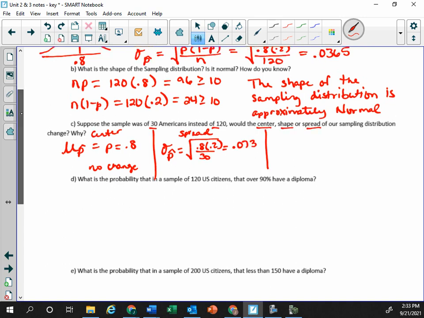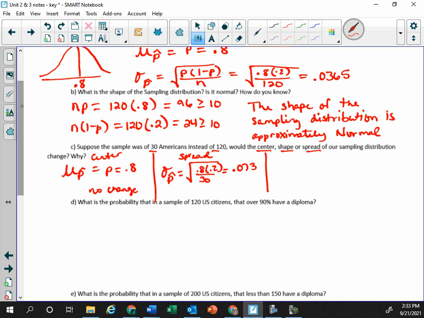Is that different than what I had up here when my sample size was 120? Yeah, it's different, right? So as the sample gets bigger, the spread gets smaller, and the reverse is true. If your sample gets smaller, the spread gets bigger. They are inverse. So changed. Yes, change.